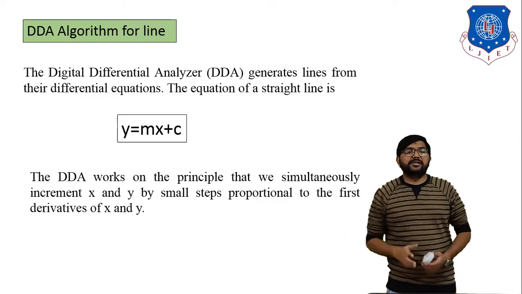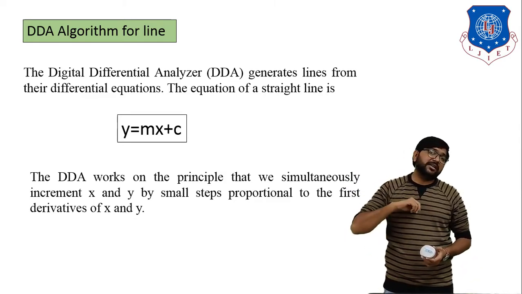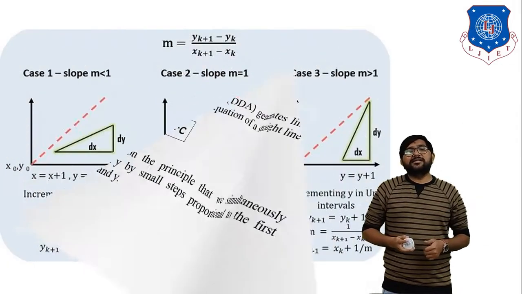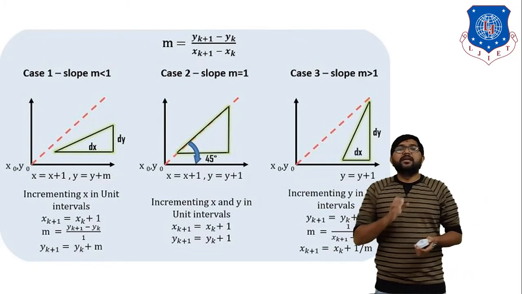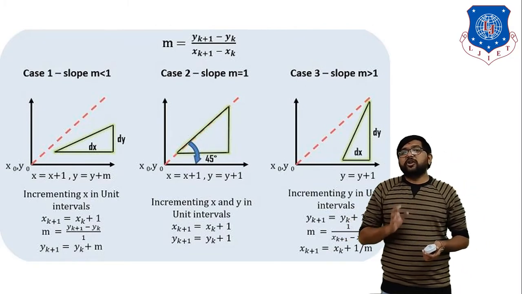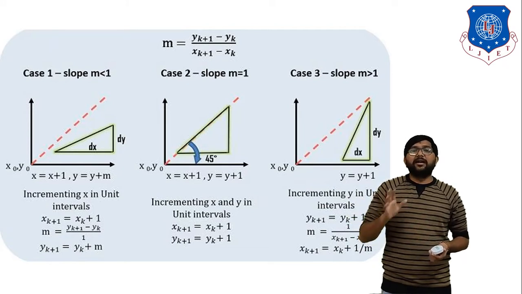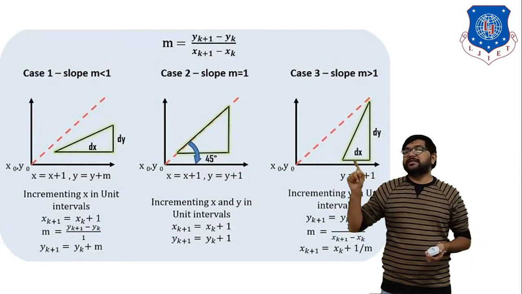Clear? So DDA works on the principle of simultaneous increment in the x and y coordinates. Okay. So let's discuss the slope of the line. As you all know, if the value of slope m is equal to 1, that means the angle is 45 degrees, as tan 45 is equal to 1.